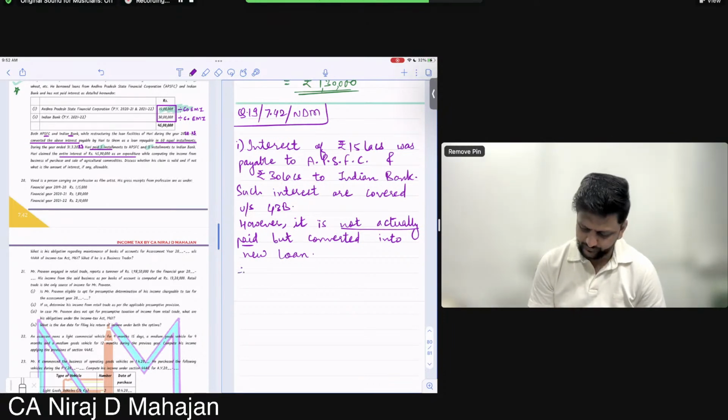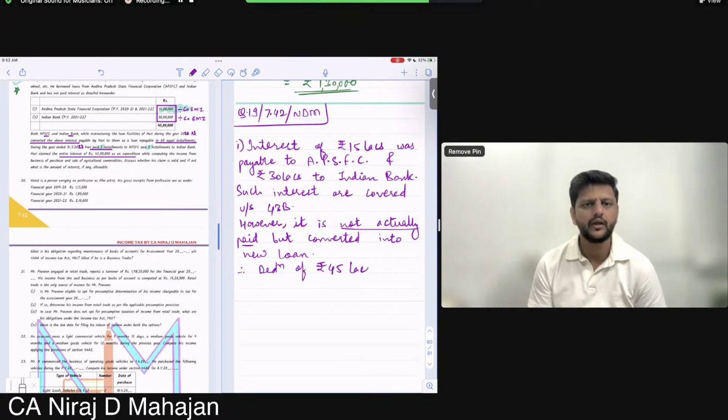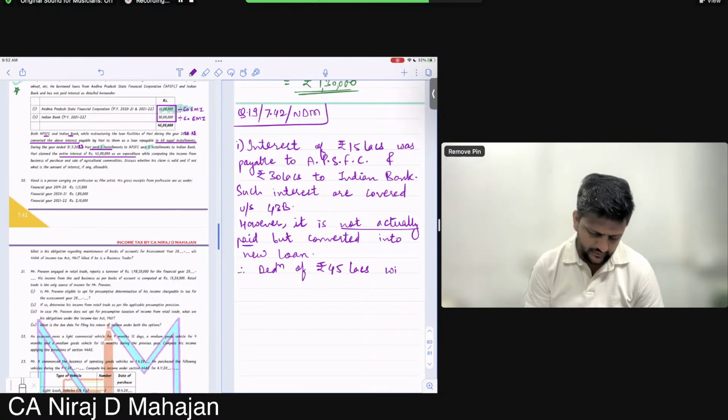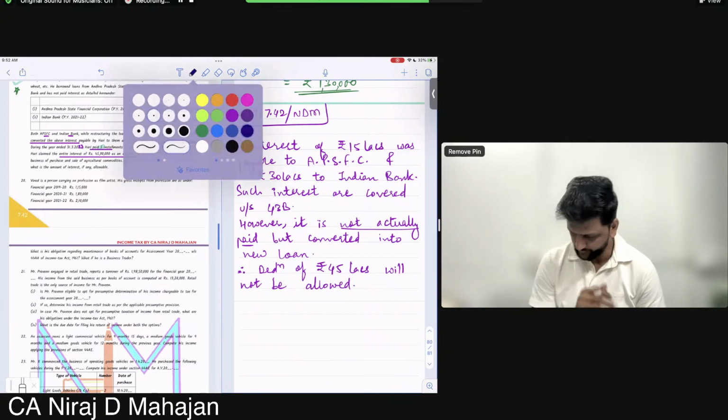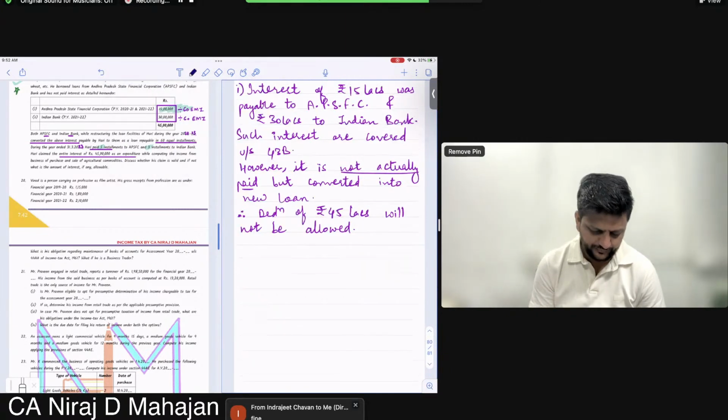Therefore, deduction of rupees 45 lakhs will not be allowed. Fine, clear all of you? Next line.